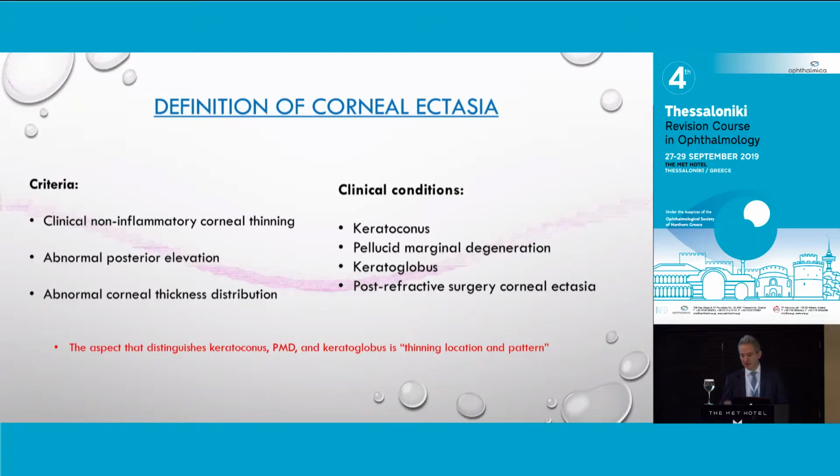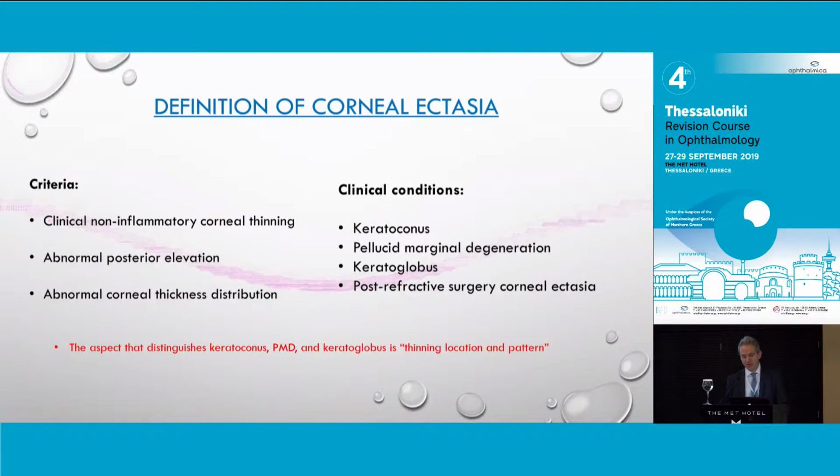The Delphi panel on keratoconus has defined precisely the criteria to set the diagnosis of corneal ectasia. So it has to be clinically evident, non-inflammatory thinning of the cornea, an abnormal posterior elevation, back elevation, posterior surface of the cornea, and an abnormal corneal thickness distribution.